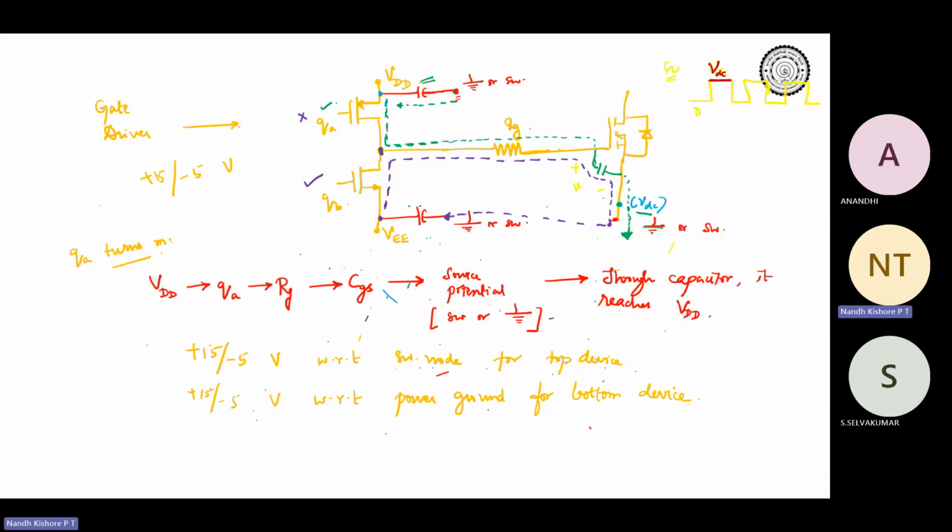That is why I'm telling, this VEE is basically +15 volts or -5 volts with respect to the switching node.